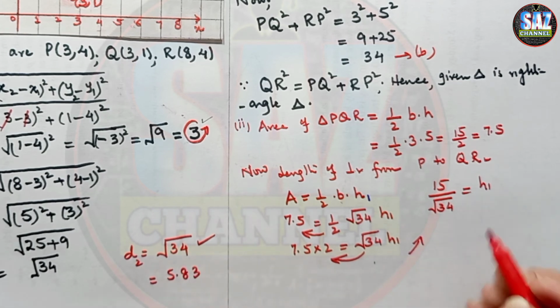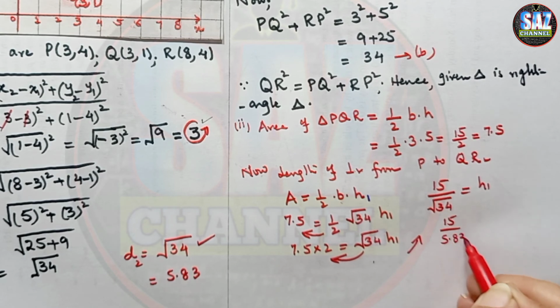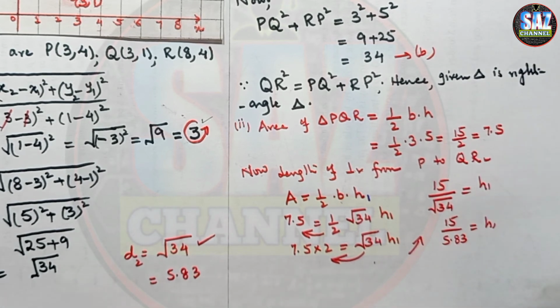So 15 upon 5.83 equals H1. Let me divide it. 15 divided by 5.83 gives me 2.57.